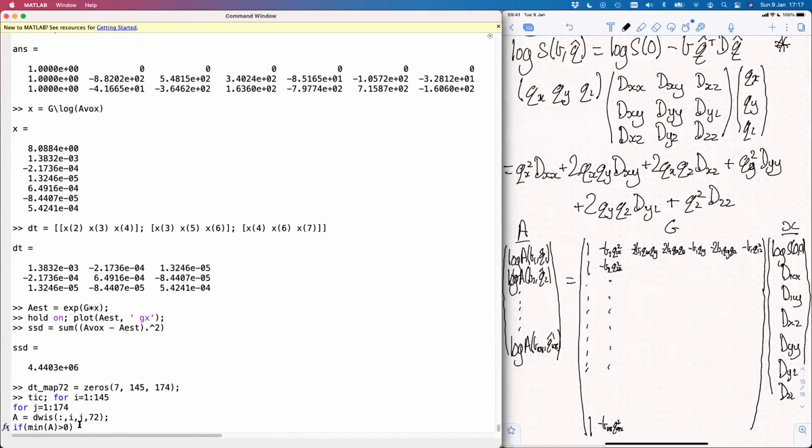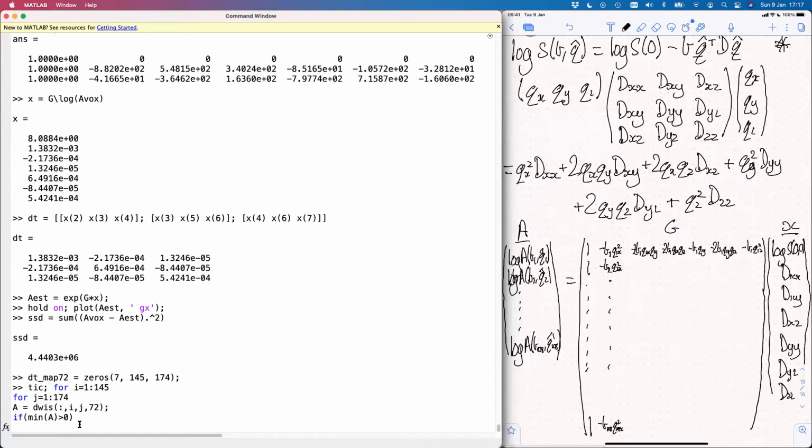So we'll only focus on ones where all the measurements are greater than 0. And then we will place the output of our matrix division into the corresponding cells of our DT map. So do the matrix divide in exactly the same way as we've done before.